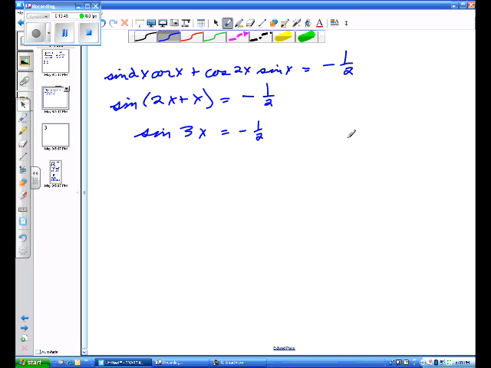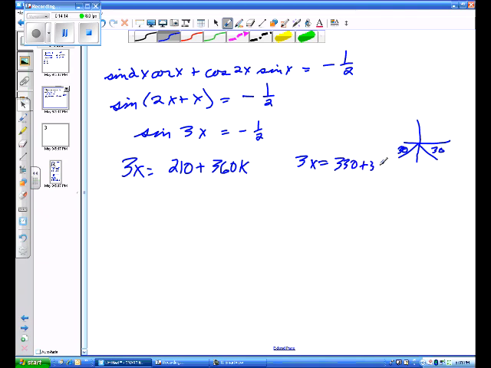So now we want to know what angle has a sine of negative 1/2, and it's negative, so we're in the third or fourth. That would be 30 degrees. So we have 210. 3x equals 210 plus 360k, or 3x equals 330 plus 360k.